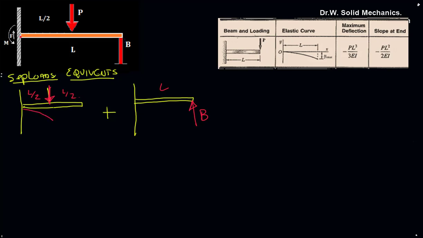It'll curve down to here. We'll call that Y1. And then from here, it will stick out straight. And that makes a right triangle. Well, the length of this is L on 2. We could calculate theta, and Y2 here will be L on 2 times theta.